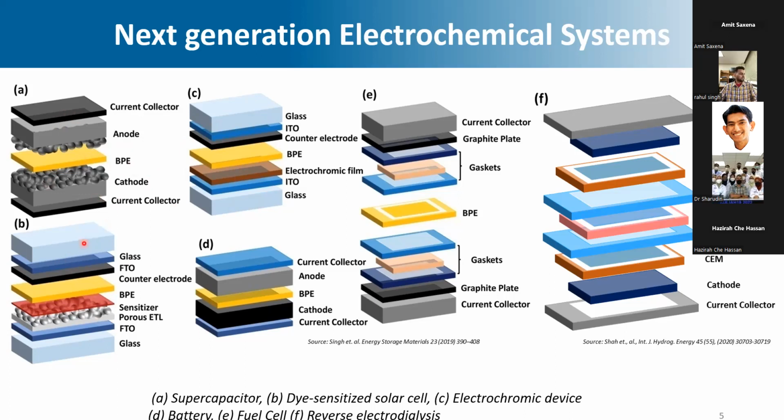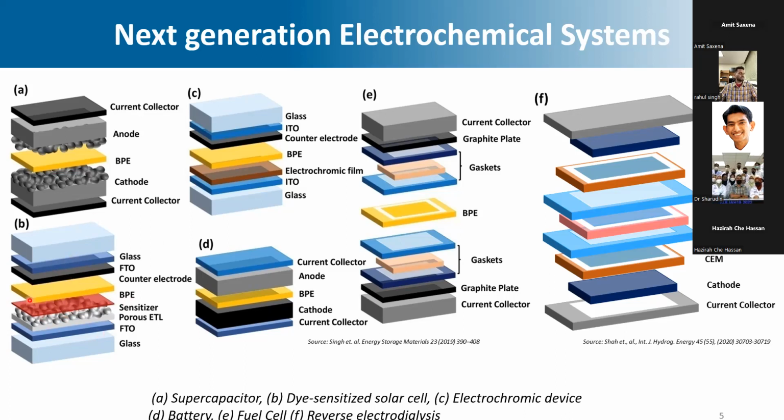Similarly, this is a solar cell, like a dye-sensitized solar cell, and here the counter electrode and ETL have been used to generate a junction, and from that junction the electron and hole pairs are generated, and those are transported through the outer circuit.